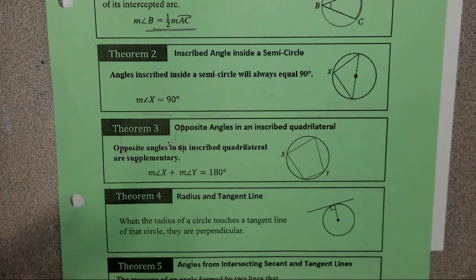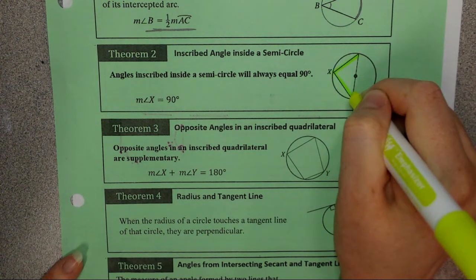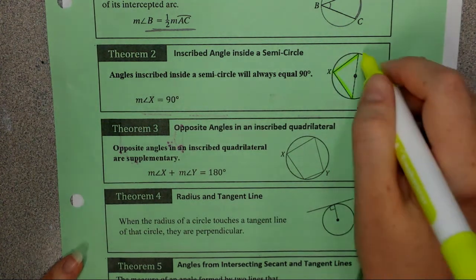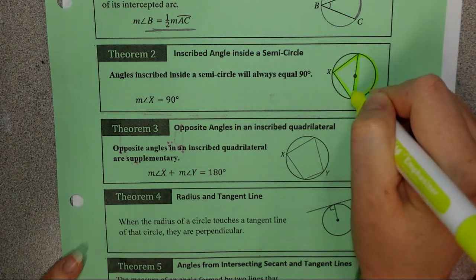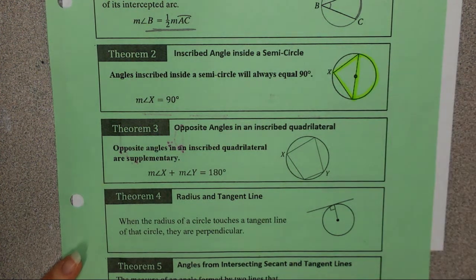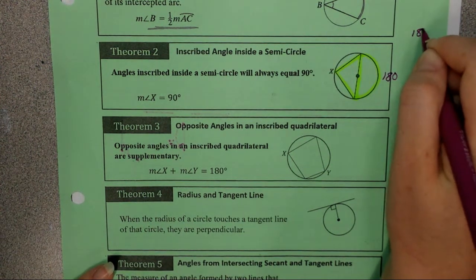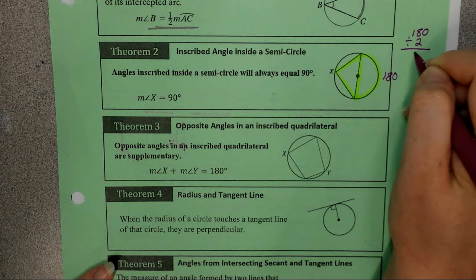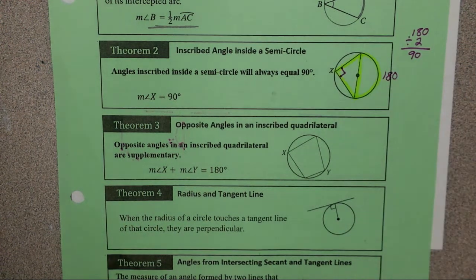If you've never thought about why, this is an inscribed angle, right? We know inscribed angles are always half of the arc they intersect. Well, if this is the diameter, then this arc is 180. 180 divided by 2 is just 90. And that's why this angle will always be 90.